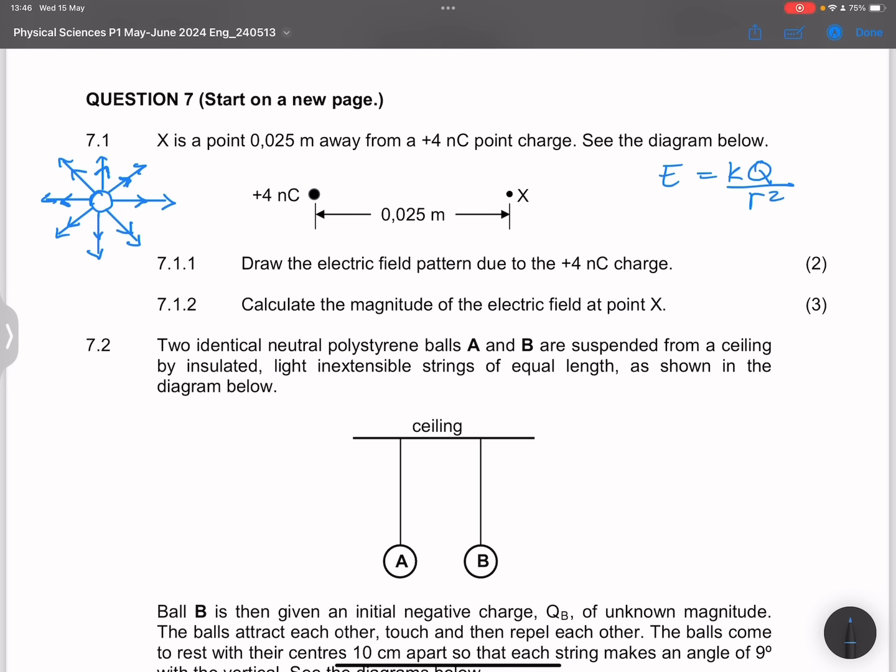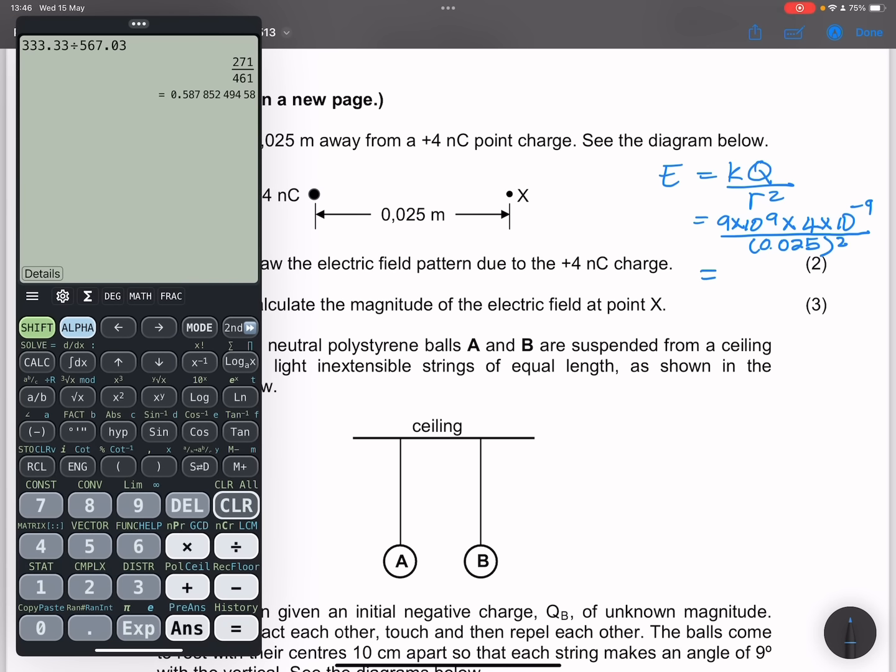So in that case, that's 9 exponent 9 multiplied by the charge, which is 4 times 10 to the minus 9, that's nano, divided by the distance, and our distance is 0.025. Remember, we square that distance.